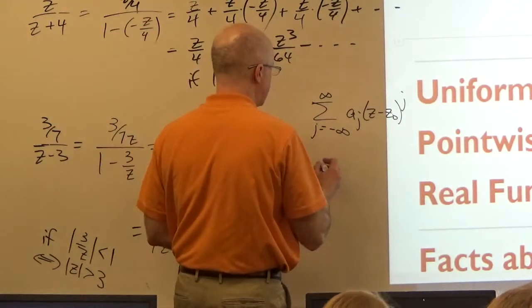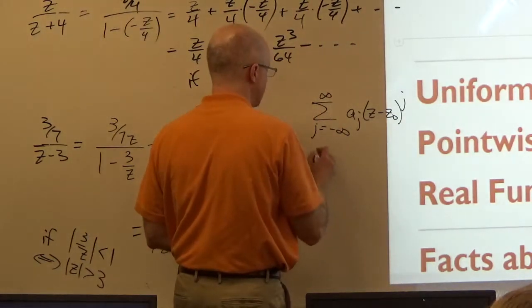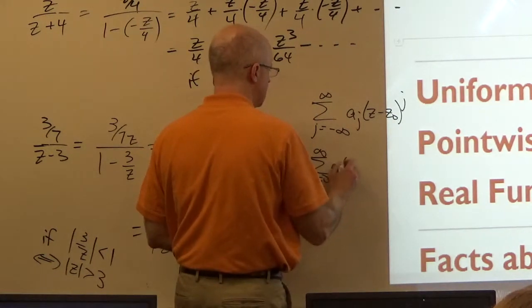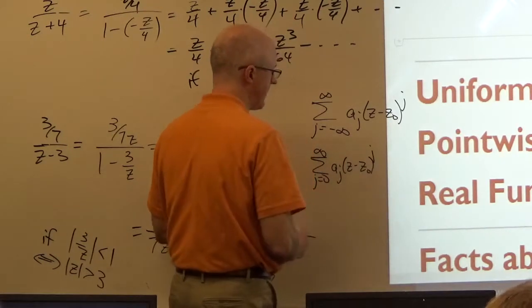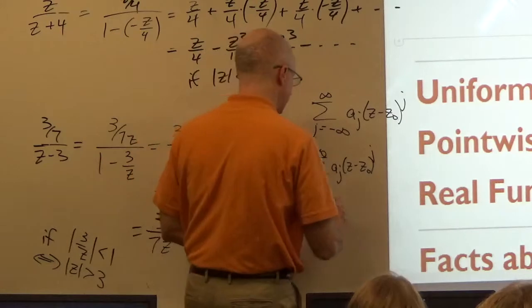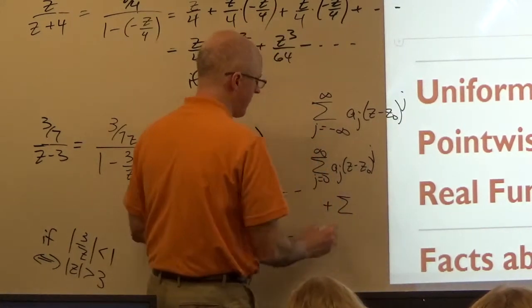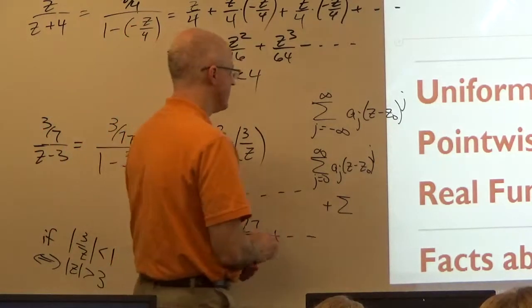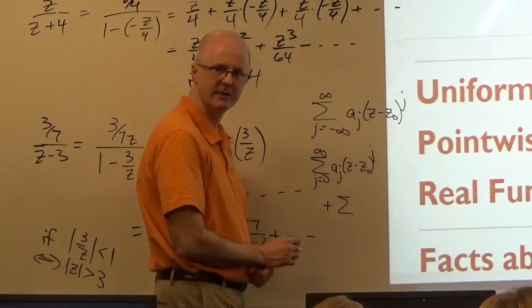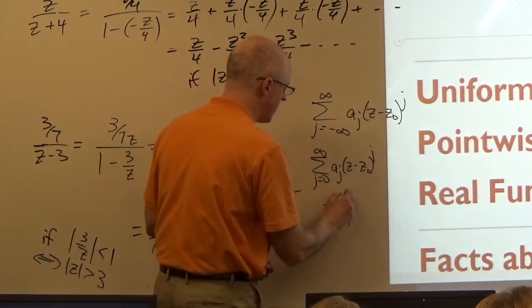You typically break it into two parts. You typically break it into parts where j is non-negative. That's the Taylor series part, so to speak. Plus a series where j is negative. You may prefer to use a different index of summation. Call it k maybe. k goes from 1 to infinity.